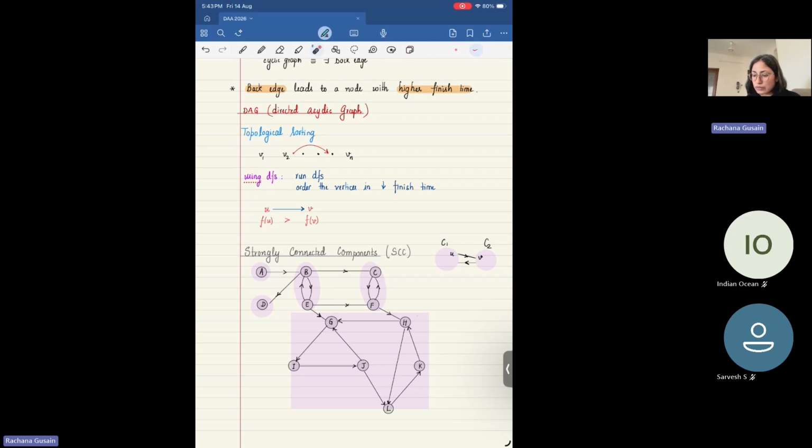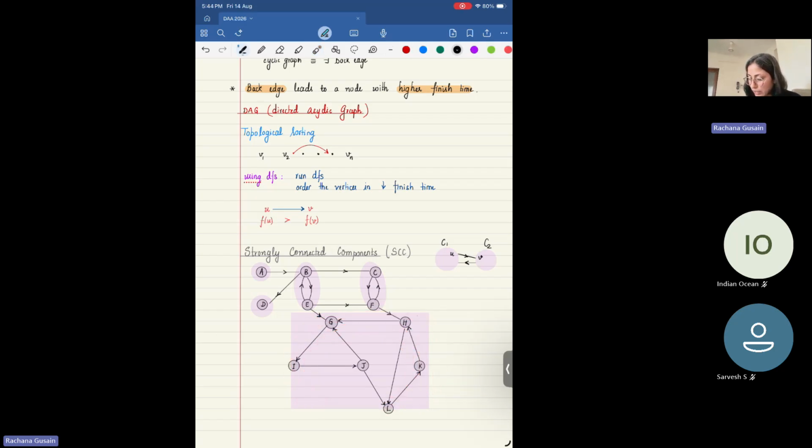So if you view every component as a single vertex. Once you have identified all the strongly connected components in the graph, let's say this is one single large vertex. In fact, let me draw it separately.